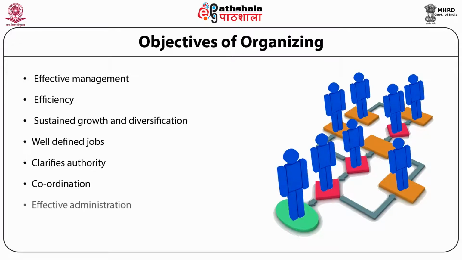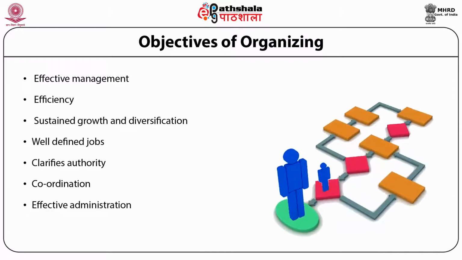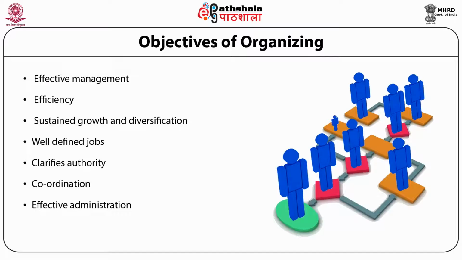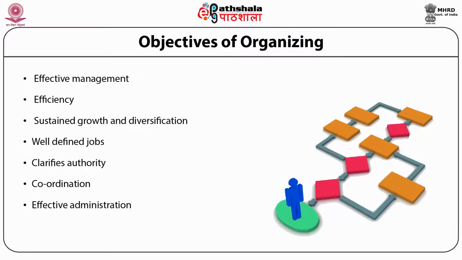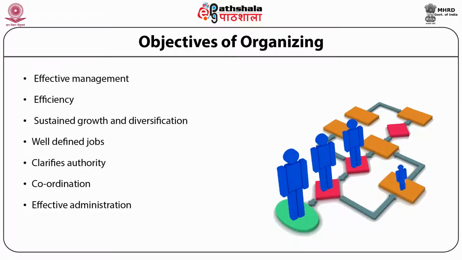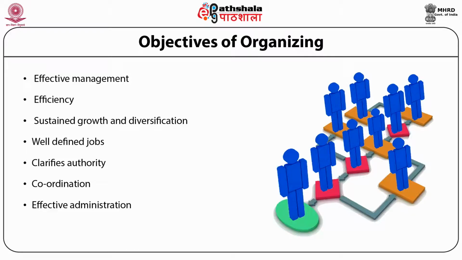Seventh, effective administration. The organization structure is helpful in defining the job positions. The roles to be performed by different managers are clarified. Specialization is achieved through division of work. This all leads to efficient and effective administration.